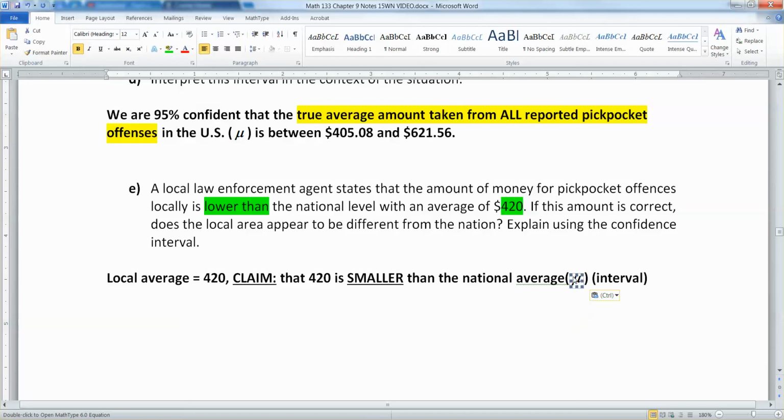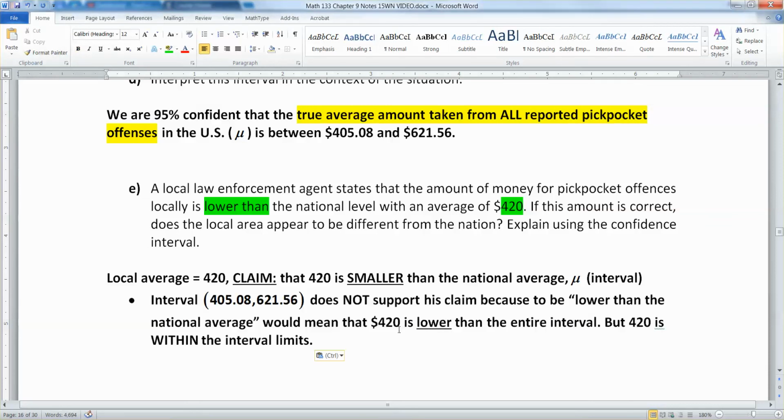Well, that's not supported by our interval. Our interval does not support that because lower than the average would mean that 420 is lower than our interval. But 420 is within our interval. It's inside it, right? If they had claimed that it was the same as the national average, then we would have supported their claim. Or if their average had been 320, then we would have supported that, right?